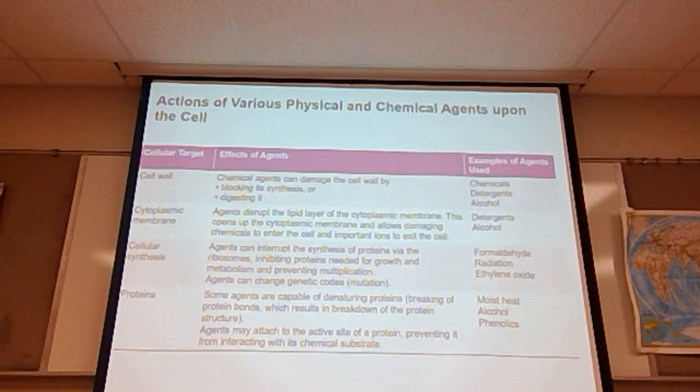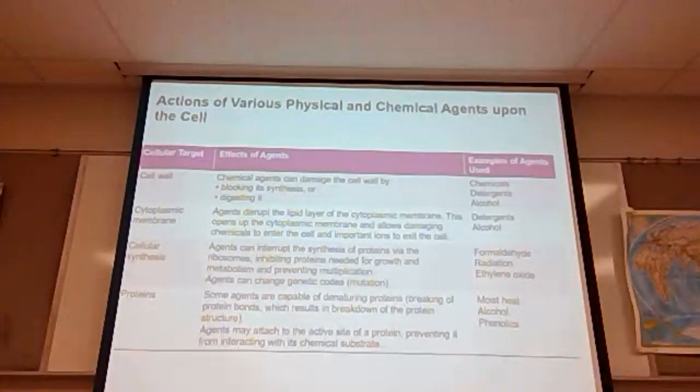Cytoplasmic membrane destruction or membrane function, detergents and alcohol will be effective. Cellular synthesis, there's our old buddy formaldehyde from A&P lab. Those of you who have taken A&P know that horrible, awful smell.